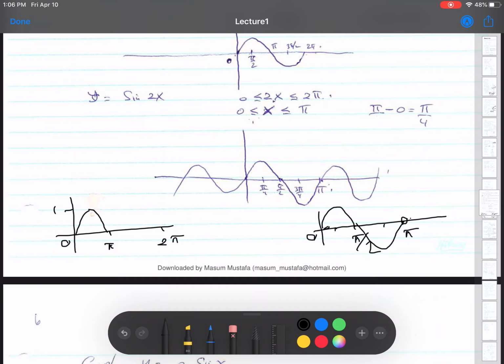Between pi and 2 pi, another midpoint, it will have the minimum value, and then it will end at 2 pi. So now this graph was shrunk by 2. That's why now our period has become shorter, which ended at pi. So that's why the graph looks like this.